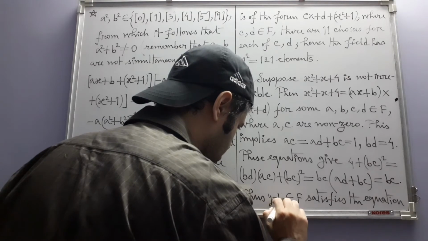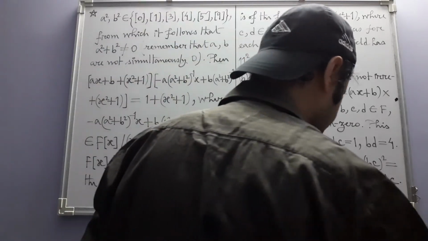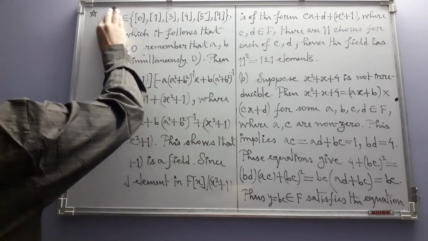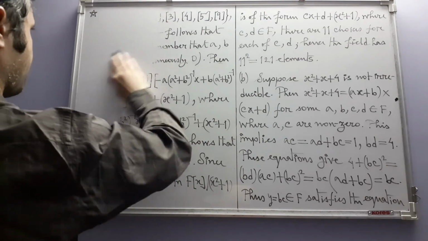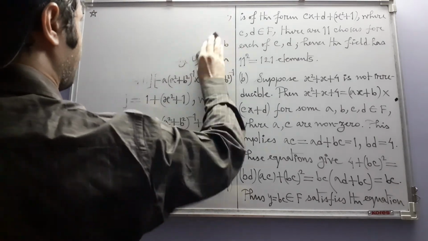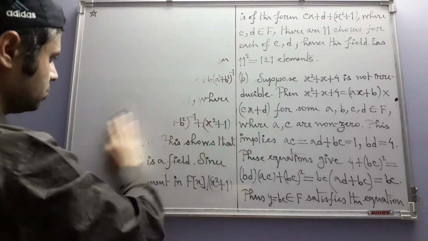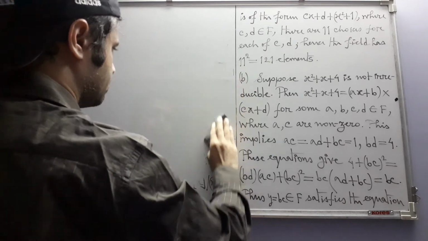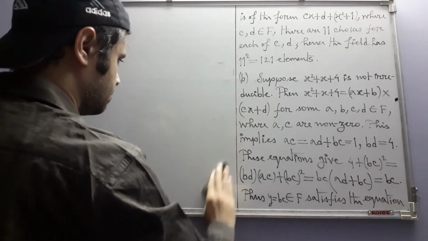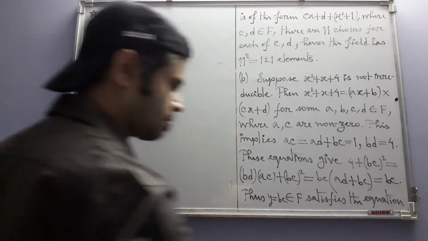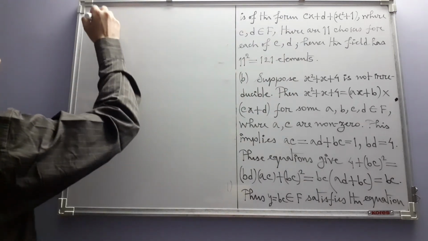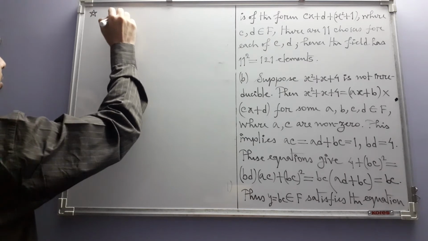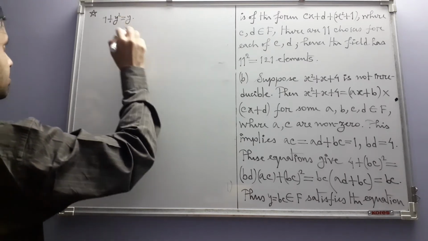Y equal to BC belonging to F satisfies this equation: four plus y square equal to y.